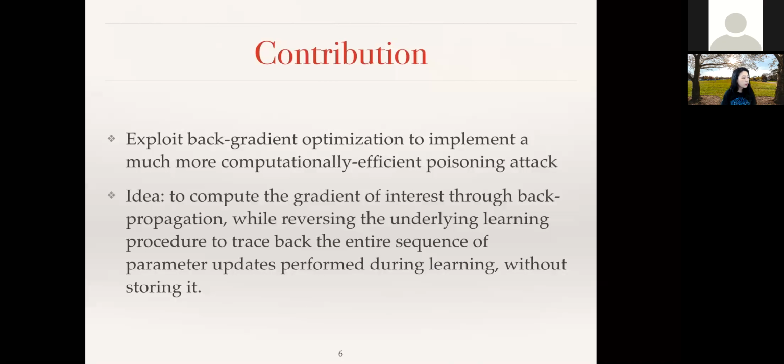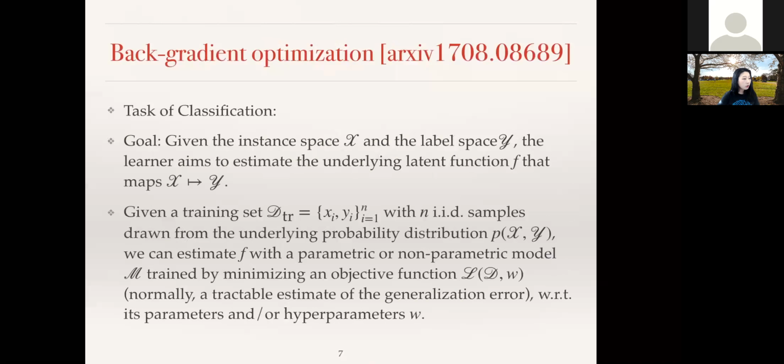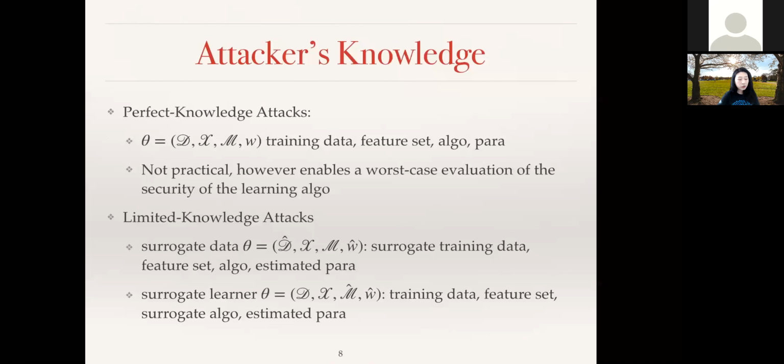Okay, so this paper says that the contribution is to provide some back-gradient optimization so that it's more computationally efficient for data poisoning attacks. Okay, so we talked about attackers' knowledge.